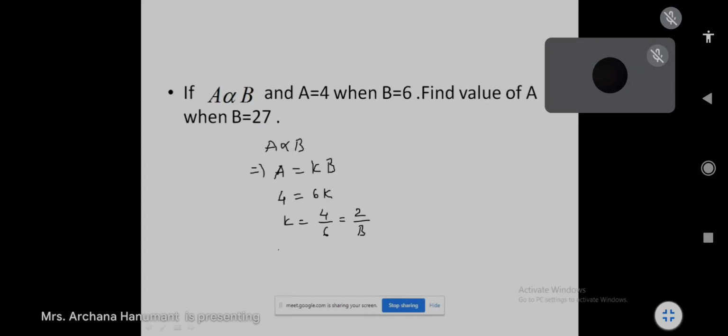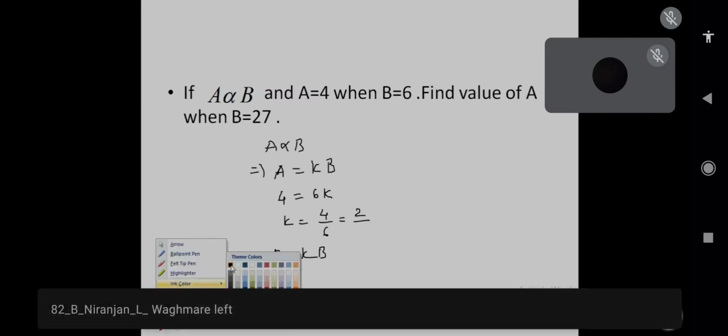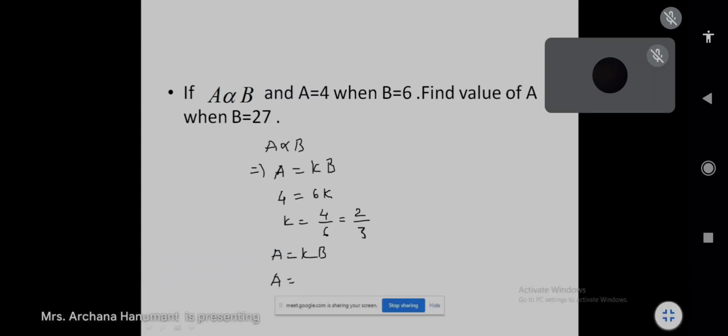So here you write a is equal to kb. Correct. The value of a we have to find. So a is equal to k, which is 2 by 3.